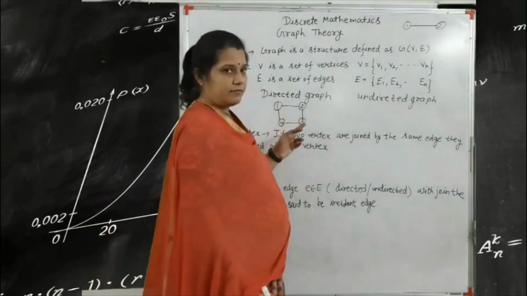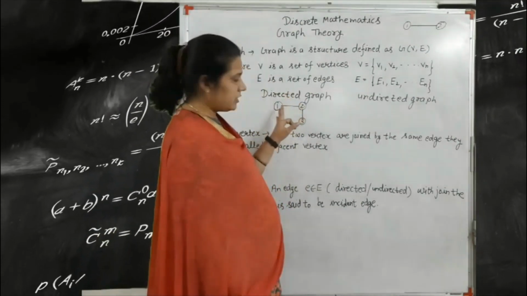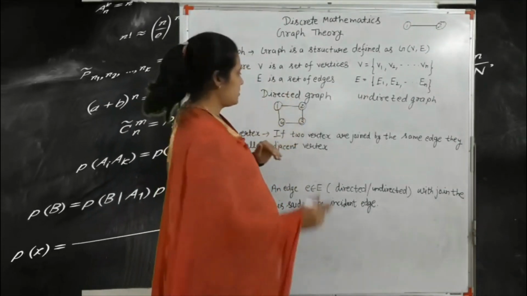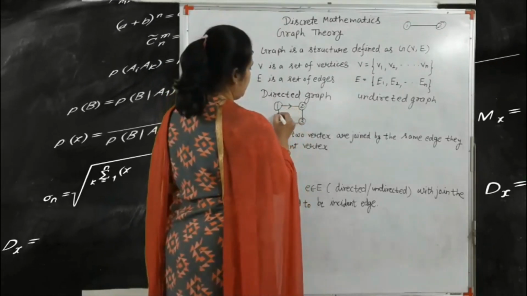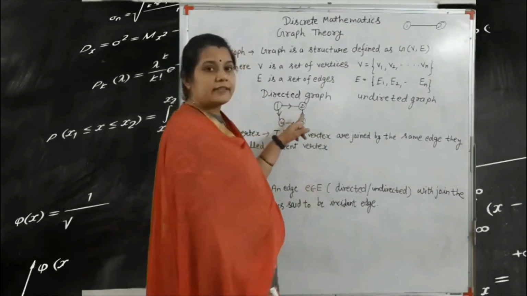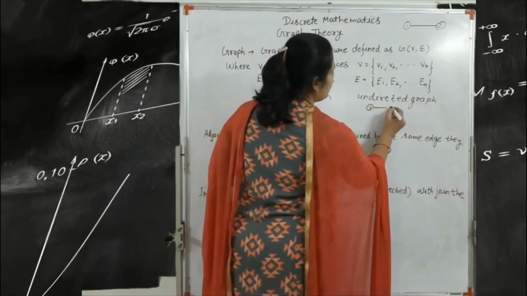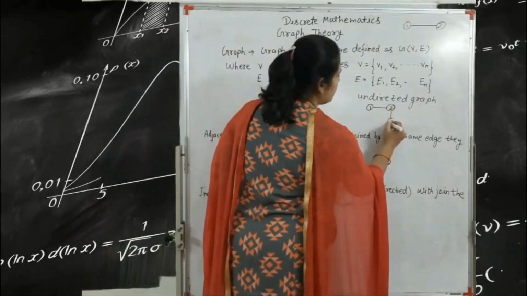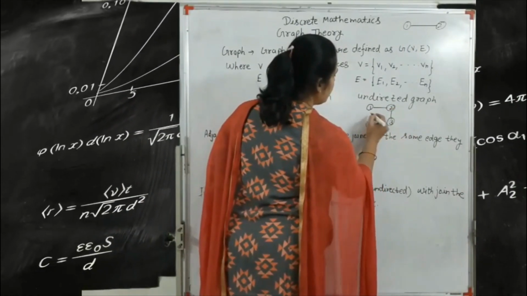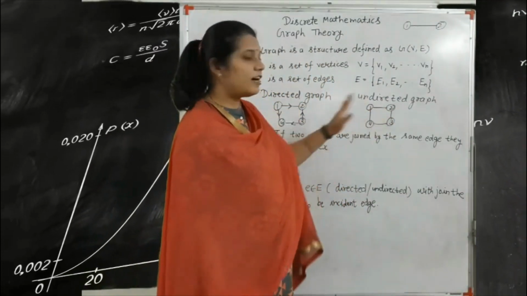This graph has no direction. And if we have directions, for example here, this is the directed graph. But where no directions are given, this is the undirected graph.